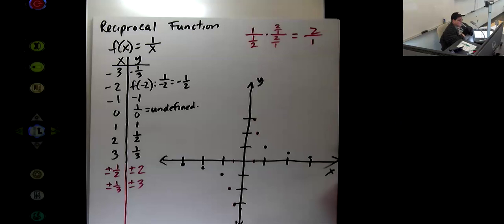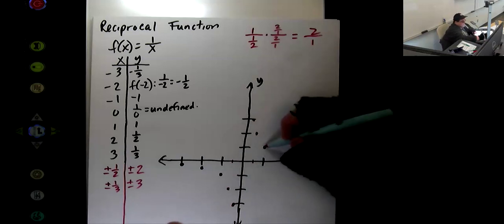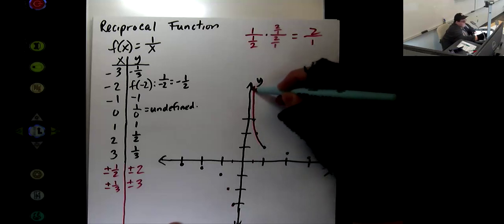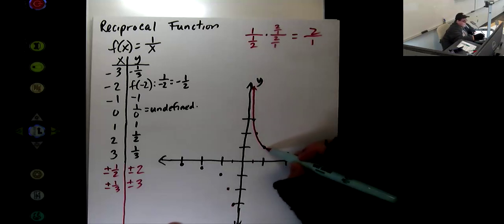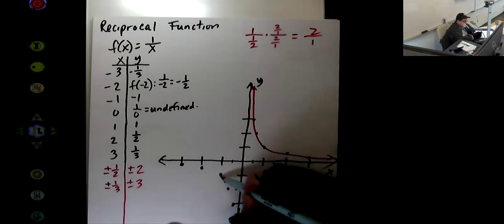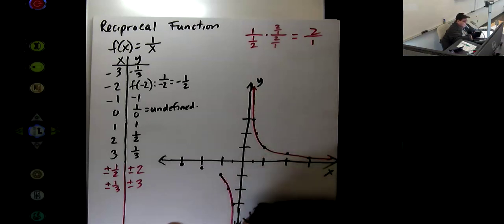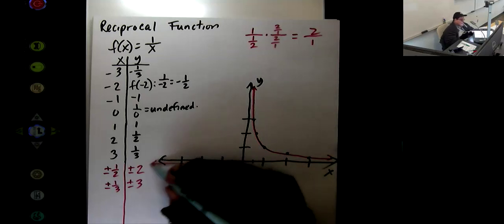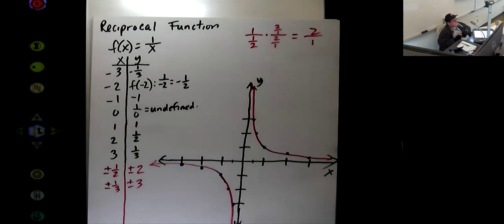So it looks like our graph does something like this. We know it doesn't hit zero because zero is undefined. So I can't have x equals 0. It's gotta be a nice little curve, but it looks like it gets really, really close to the y-axis. It looks like it gets really, really close to the x-axis, because these fractions will keep getting smaller.